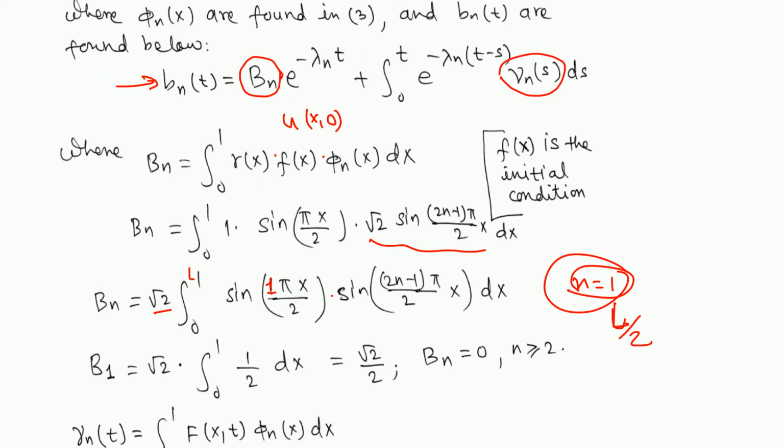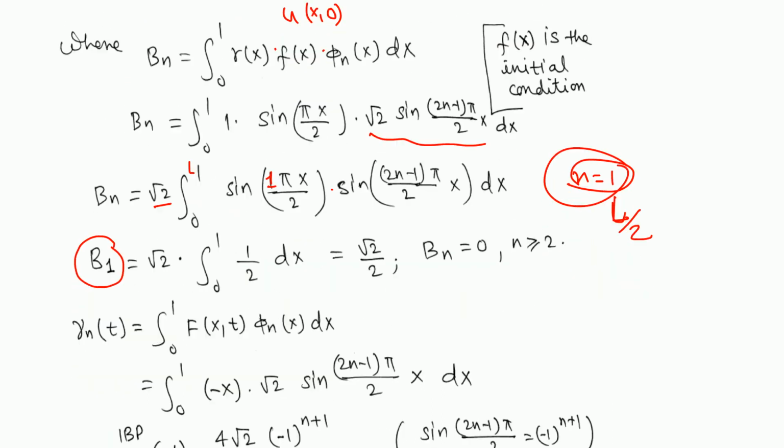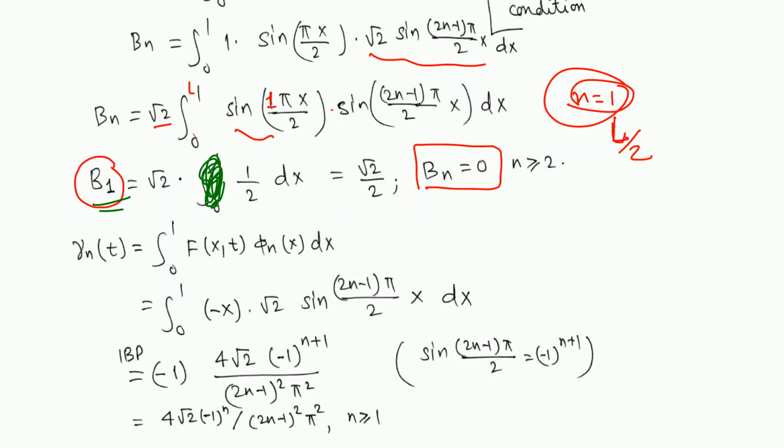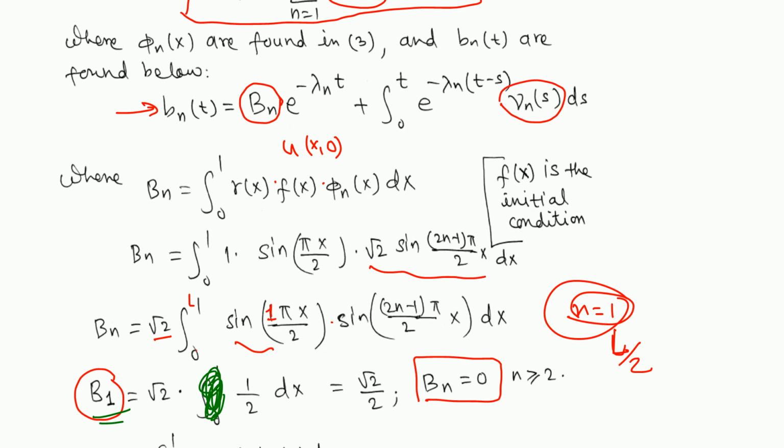That happens at one place, because in most places when we integrate this product we get 0. So all other b_n's are 0 for n greater than or equal to 2, but for n equals 1 we get 1/2. In fact, the whole integral is 1/2. So root 2 times 1/2 is root 2 over 2. That's b_1. So we were trying to find the b_n's, and this part is done.